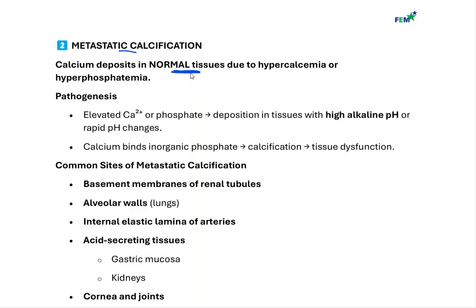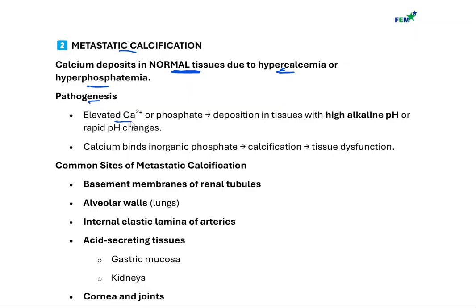So the question is, why is calcium depositing in this normal tissue? It's because either the patient has very high calcium and the calcium is looking for where to go, and now is depositing in the normal tissue, or the patient has hyperphosphatemia, because high phosphate could drive calcium into normal tissue. So let's look at the pathogenesis.